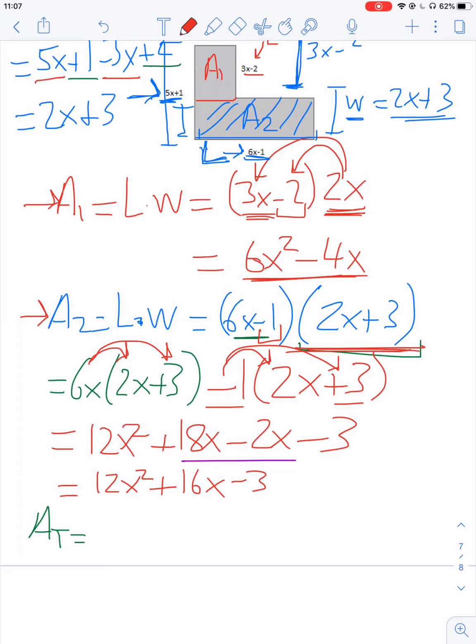If you want, you can write A1 plus A2, but because I'm running out of space, I'm not going to do that. I'm just simply going to replace the values right away. So I know that A1 is 6x squared minus 4x. And then I have to add, because I'm adding, again, guys, brackets are not important.